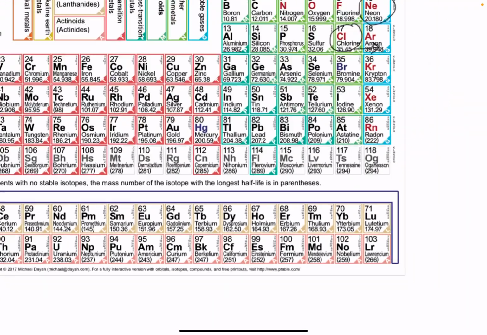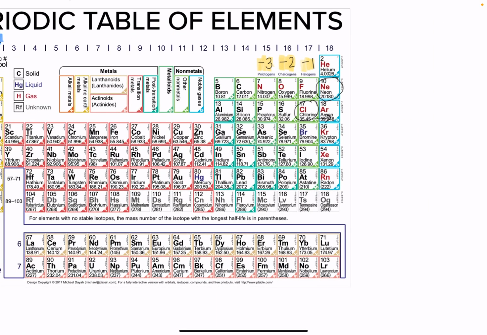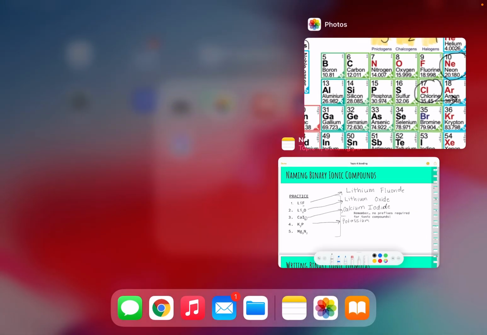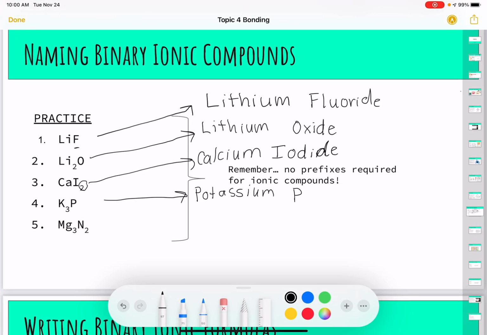P would be on the right-hand side of the periodic table, and P is number 15. Number 15 is phosphorus. So it becomes potassium phosphorus, but we're not done because we need to change that ending. On these ones, we take off the "-ous" and we add "-ide". So it's not phosphorus, it's phosphide.